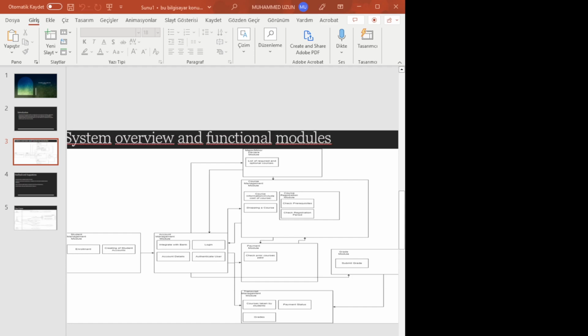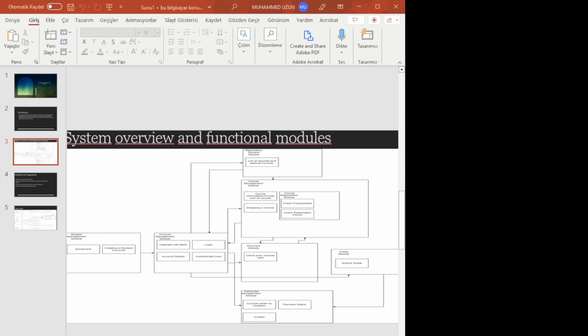The course management module is responsible for handling course registration, course information, and dropping a course. The course registration module checks if the student meets the prerequisites and if the registration period for the course is open.